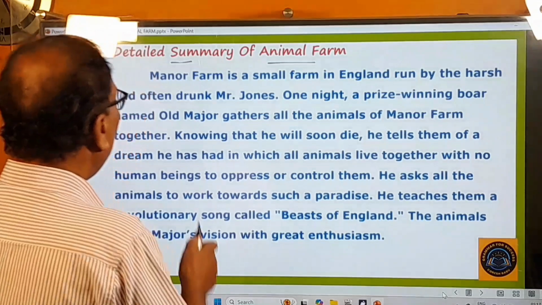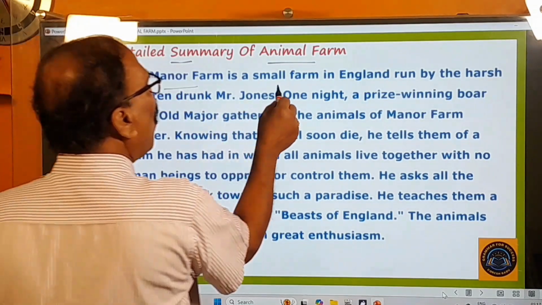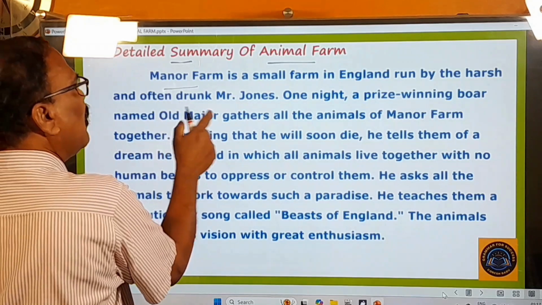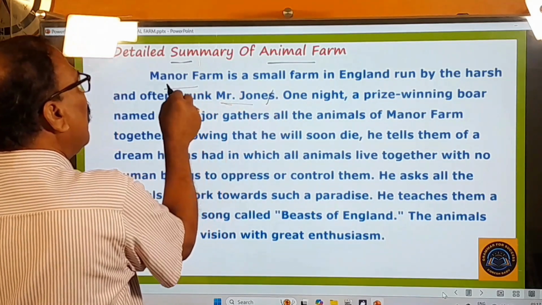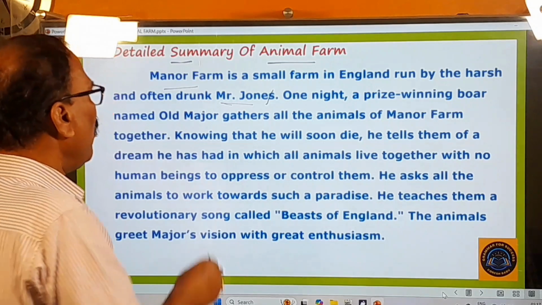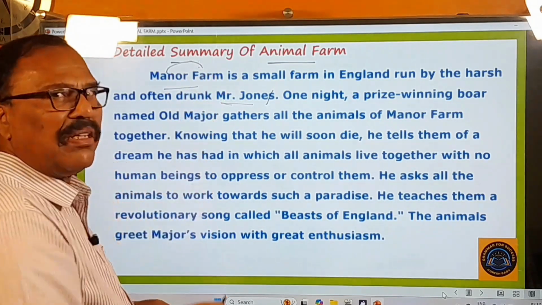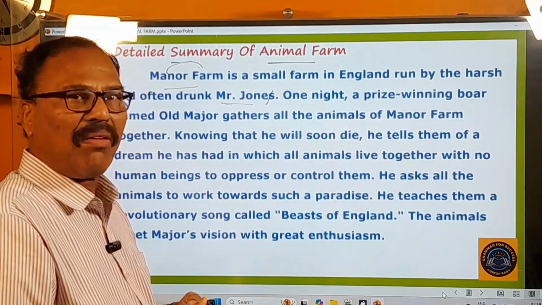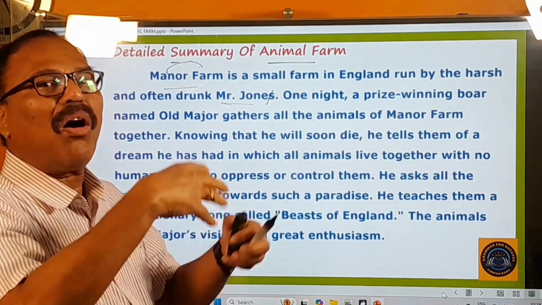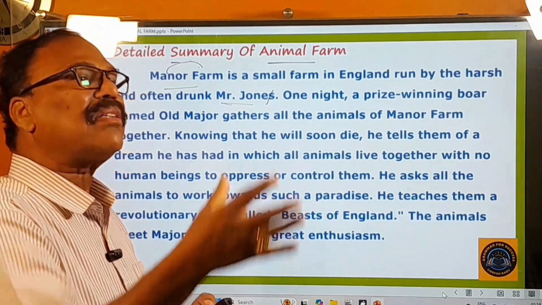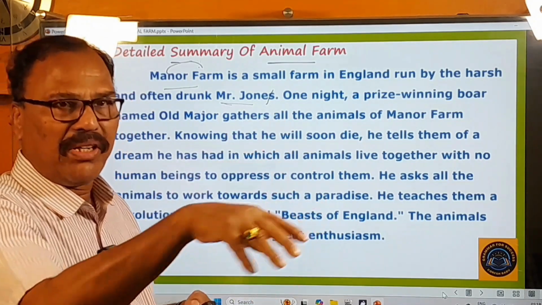So here, Manor Farm is a small farm in England run by the harsh and often drunk Mr. Jones. So here, this Manor Farm, you have to say Manor Farm. So Manor Farm means what? Manor Farm is nothing but a large area of land with a large building of its owner, and other small buildings around it.